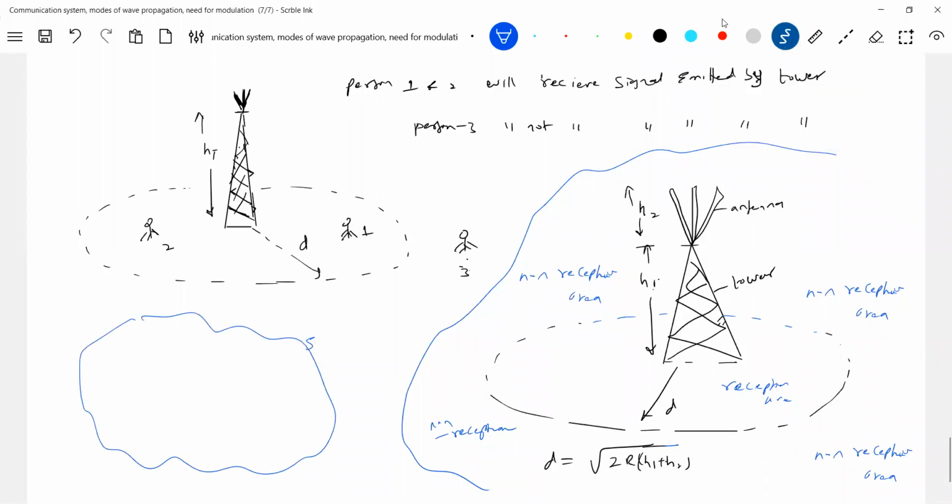It will not be an exactly perfect circle, but if each antenna provides 50 square kilometers, 10 antennas are sufficient. Like this, you can see towers at several places.